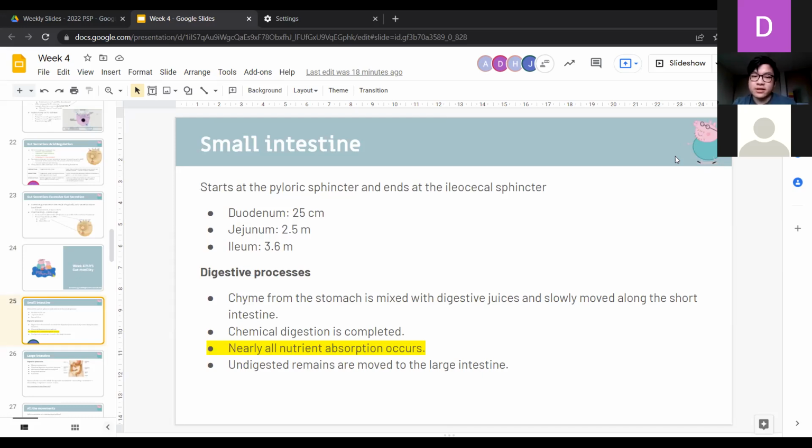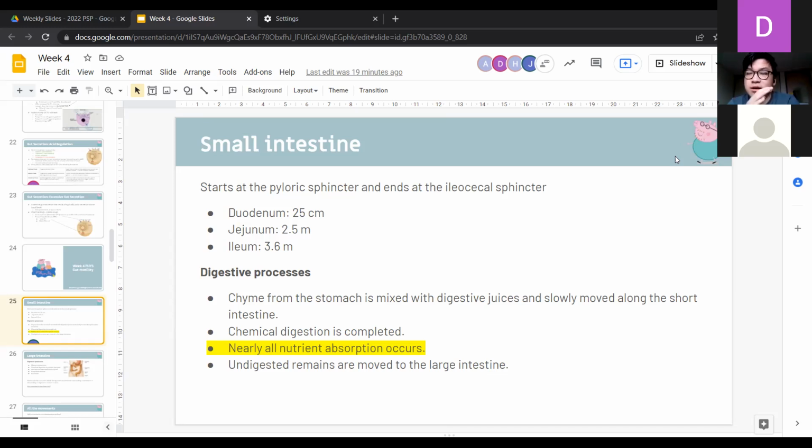So what occurs in the small intestine is that chyme from the stomach, just that ball of food, is mixed with digestive juices, namely gastric acid, and it's slowly moved along the small intestine. Chemical digestion is completed by the end of the small intestine. And the important thing to remember is that nearly all nutrient absorption occurs in the small intestine.